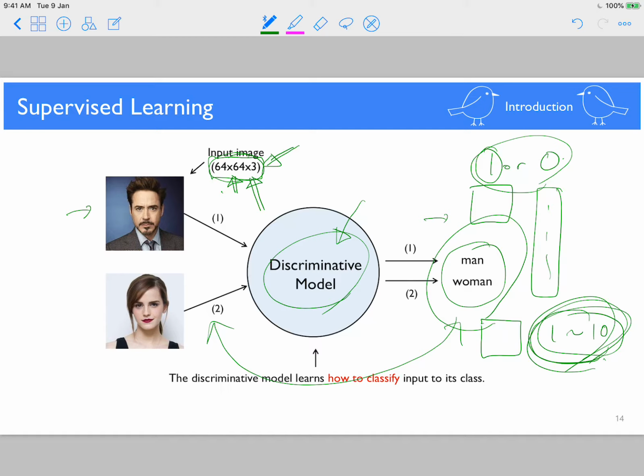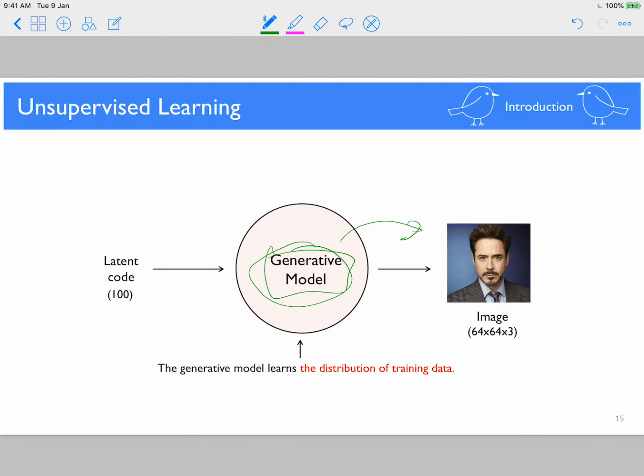If we think of the number of possible words we can generate, there could be so many words, all the possible keywords contained in our English or Korean dictionaries. The task is to choose the proper keyword out of so many possibilities, with the proper sequence, right? At the first time step, we should generate the keyword corresponding to I, and then am, doing, and well or fine, and so on. So it can be viewed as a much more difficult task than the discriminative model.